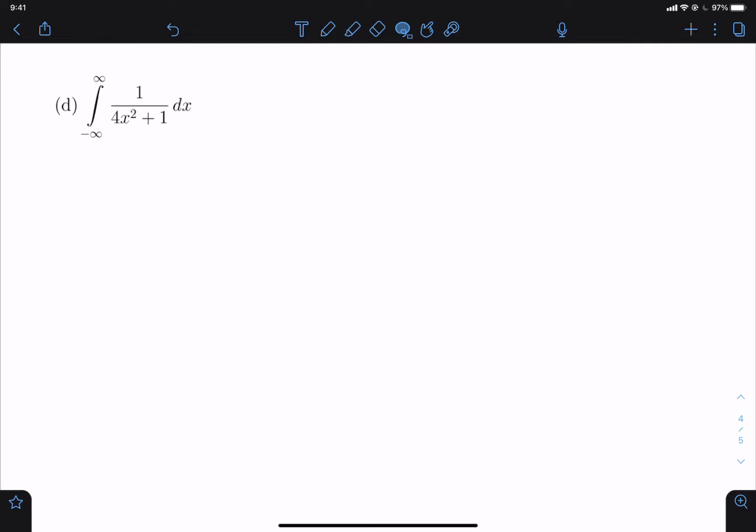What do we want to do here? We have infinity at both the lower bound and upper bound. In this case, we will need to break that into two integrals: from negative infinity to 0 dx, plus this from 0 to positive infinity, because by the definition we can only have one bound being infinity.